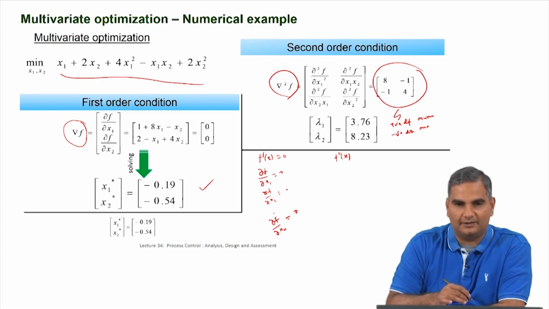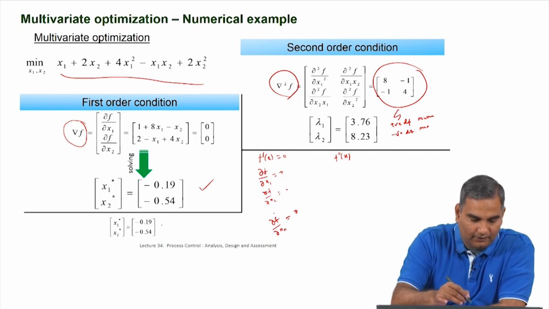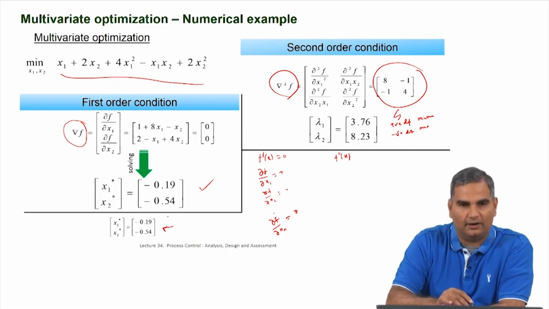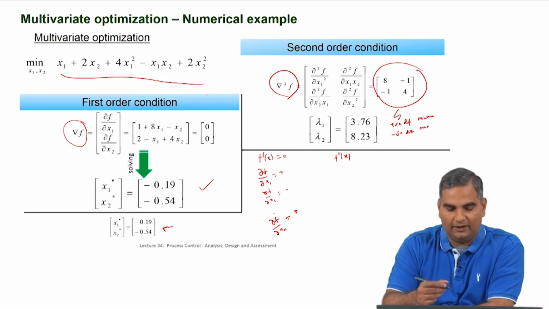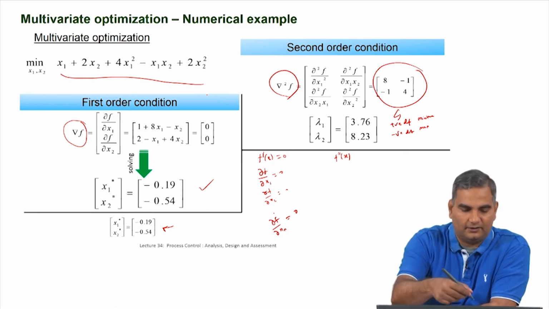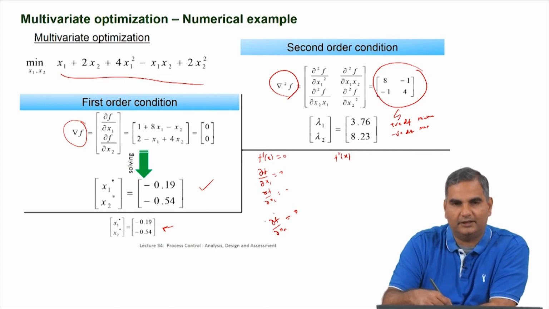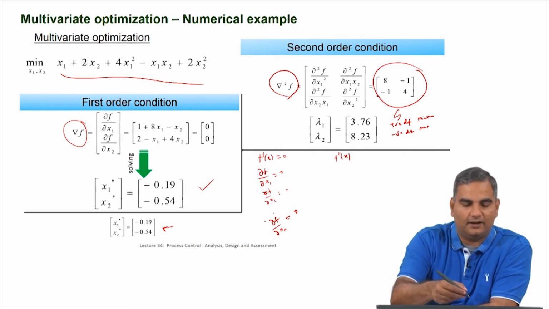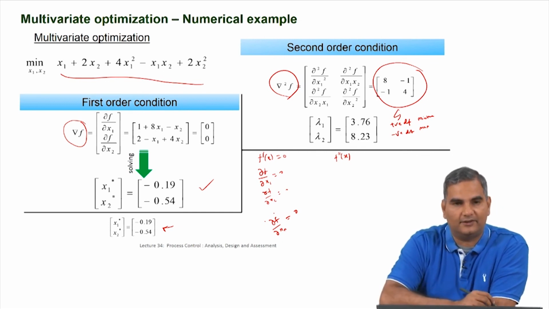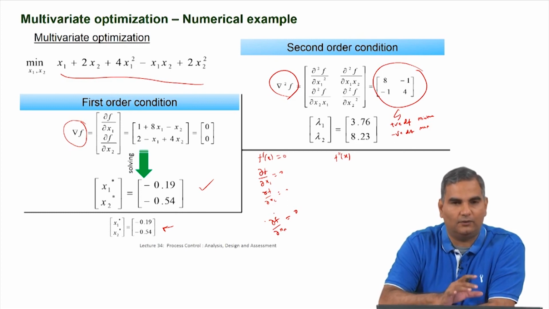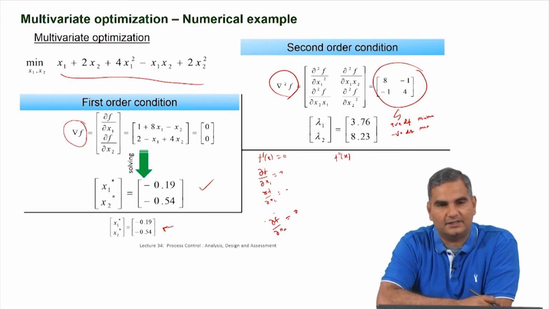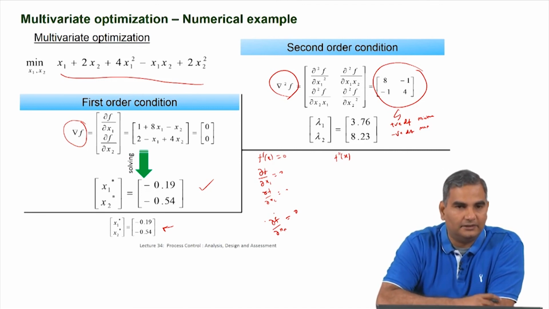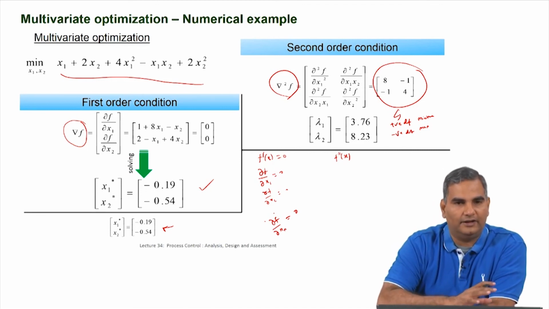As far as we are concerned, we know that we can find a solution to as many variables as we want, right. So, this function could be a function of multiple variables. We will never run out of equations. So, if there are 3 variables, then I will have 3 partial derivatives to set to 0. If there are n variables, I will have n partial derivatives to set to 0. So, the one thing that I want you to remember is once I write this objective function in terms of multiple variables, I can always find a solution.